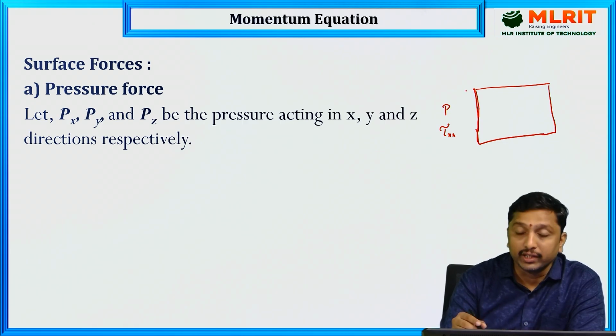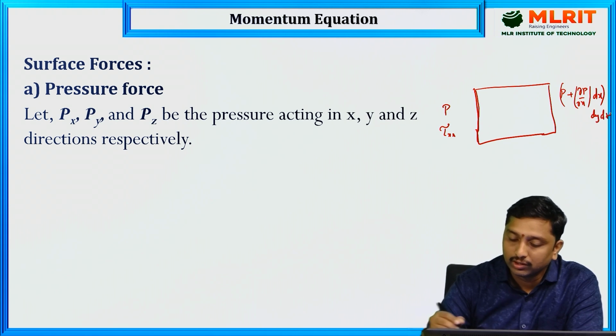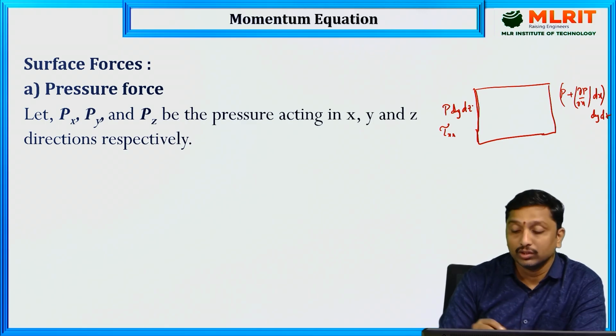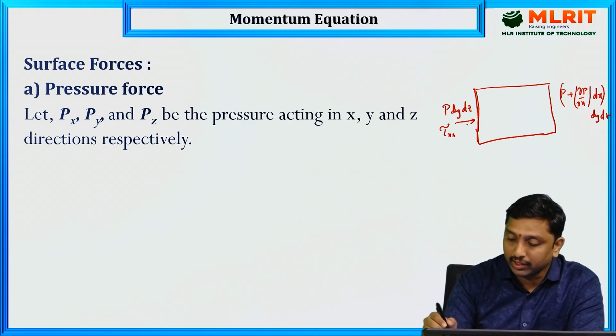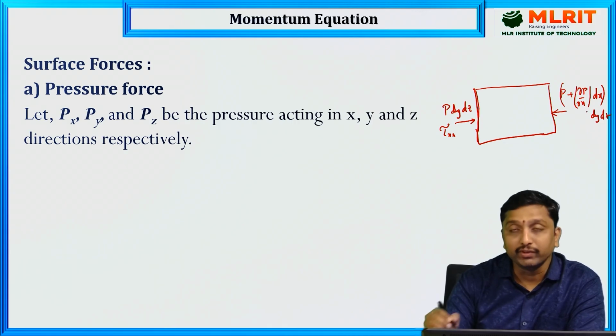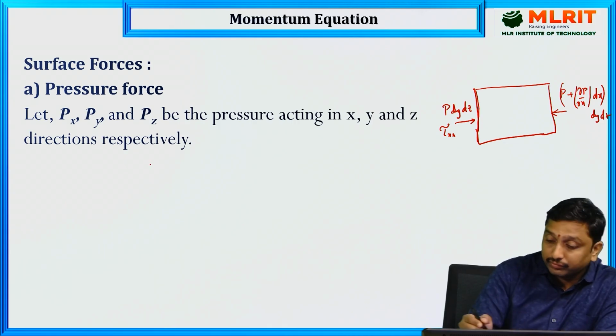On the left hand side, P was the pressure. On the right hand side, it was P plus dou P by dou x into dx, multiplied by dy dz. So this is the pressure acting in positive x direction, and this is the pressure in negative x direction.